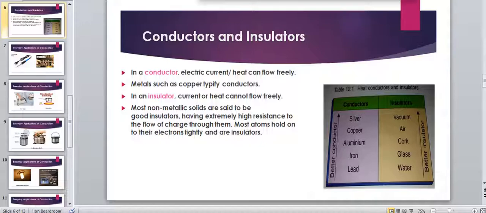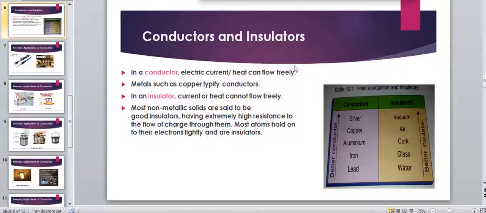So students, let's discuss two important terms related to this topic, that is, conductors and insulators. Then we'll be able to understand the first way of transferring heat from one object to another very easily. So in a conductor, electric current or heat can flow freely.